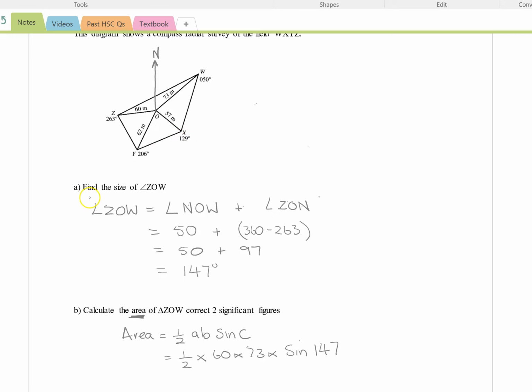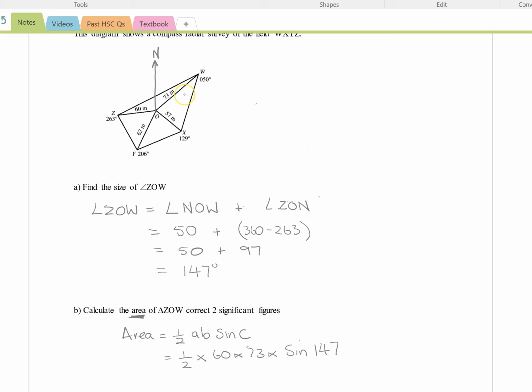And A asks you to find the size of angle ZOW. Start at Z, go to O, and then to W. So we can see that ZOW is obtuse. I've put the true north line back in.